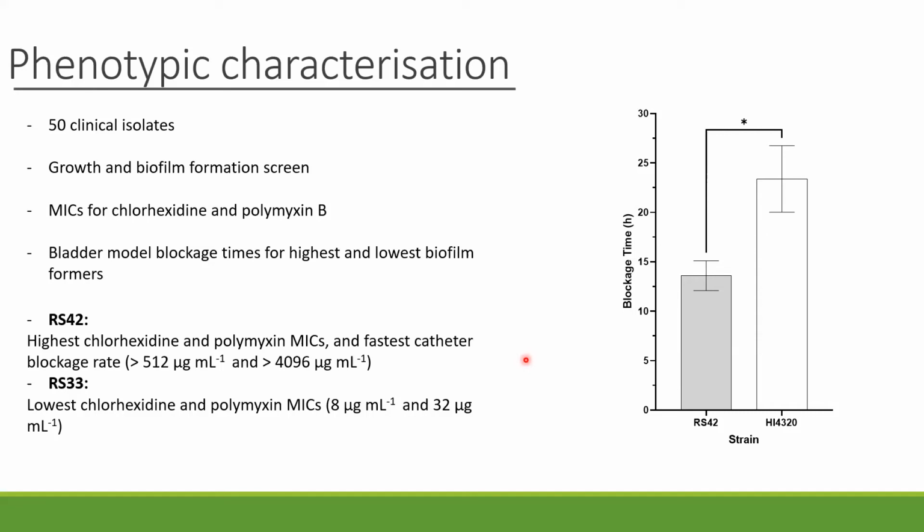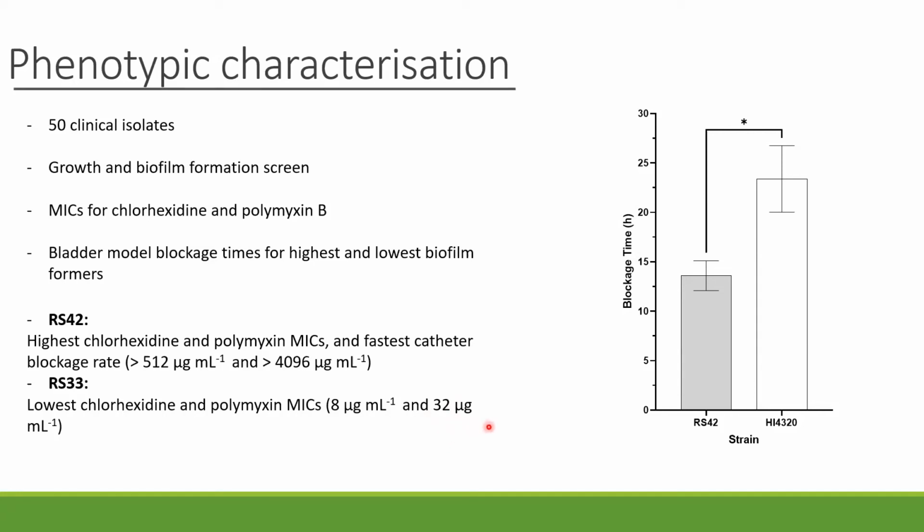So I also did MICs, and it had the highest chlorhexidine and polymyxin MICs. At the other end of the spectrum, we've got RS33, which was much more susceptible. So Proteus is considered to be intrinsically resistant to polymyxin. So to have an MIC of 32 micrograms per mL, that is actually quite a susceptible isolate. So that's quite interesting in that respect as well.